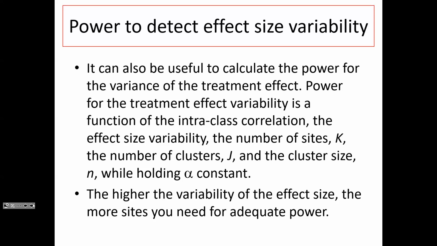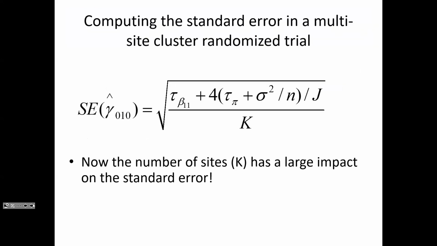So power for the treatment effect variability is a function of the intraclass correlation coefficient, the effect size variability, the number of sites, and the cluster size, but really the number of sites and the effect size variability are going to be super important. And the higher the variability of the effect size, the more sites you need to have adequate power to detect those effects.